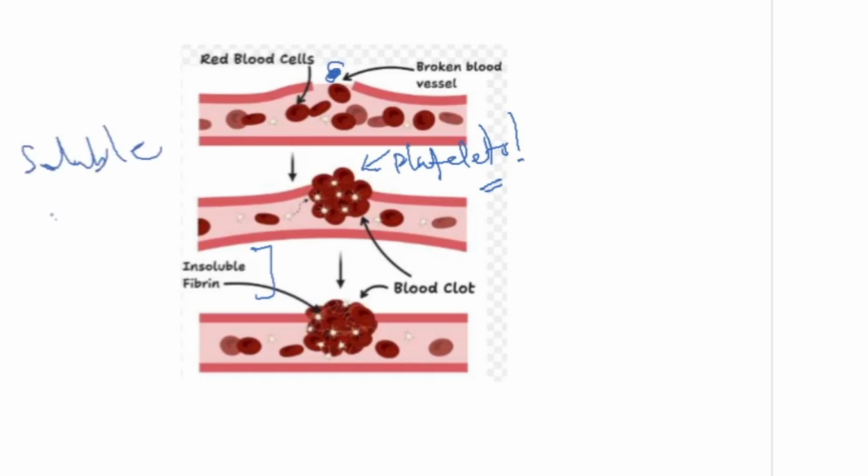Your soluble fibrinogen will now be converted to this guy, which is insoluble fibrin. The insoluble fibrin is now what is going to be used in making up this mesh that will block the pathogens from entering. Remember what we asked the other time, and it will also prevent your body from losing too much blood. Alright, so that was just to throw light on the procedure for blood clotting.